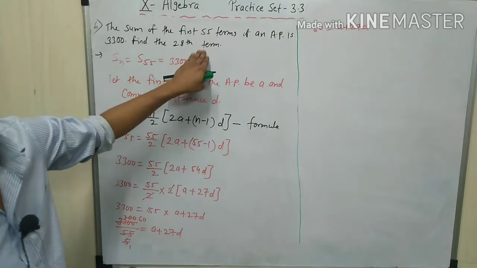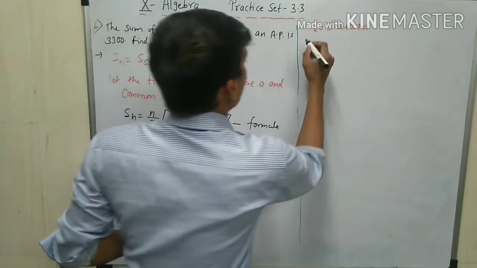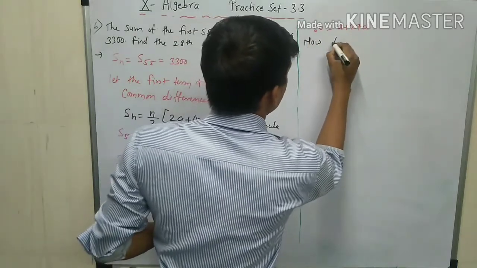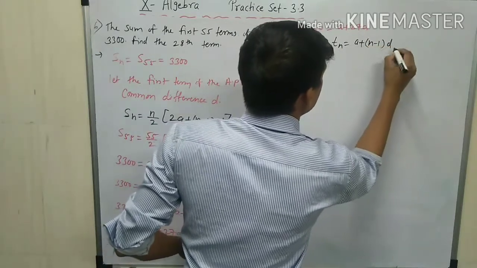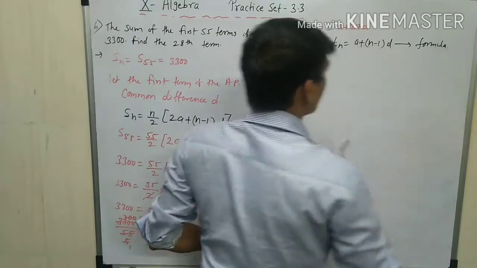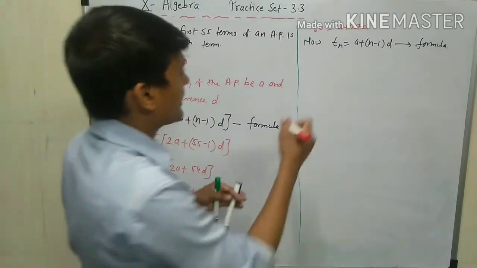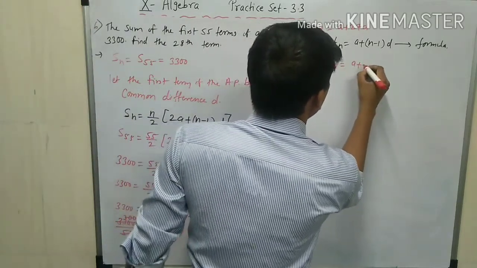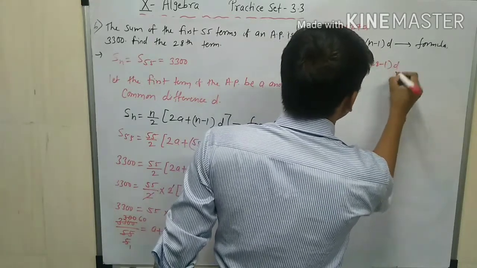Now the question is what? The 28th term. We can write down here, now we can use the Tn formula. Tn is equal to a plus (n minus 1)d. Now which term? The 28th term. We can write here T28 is equal to a plus (28 minus 1)d.